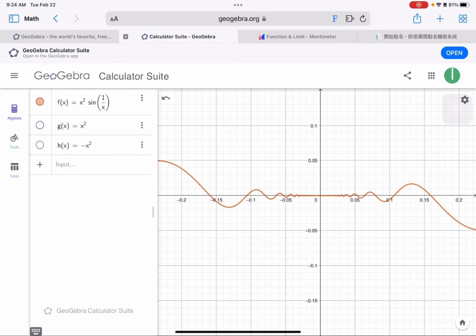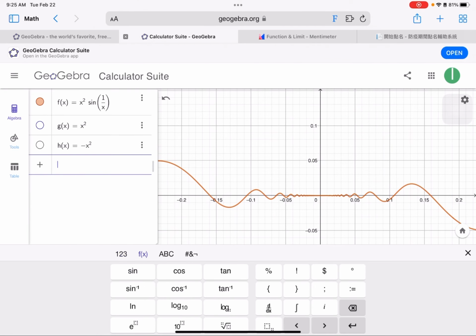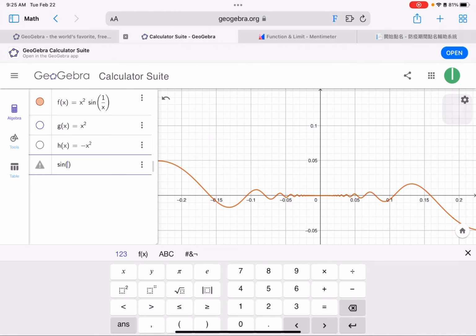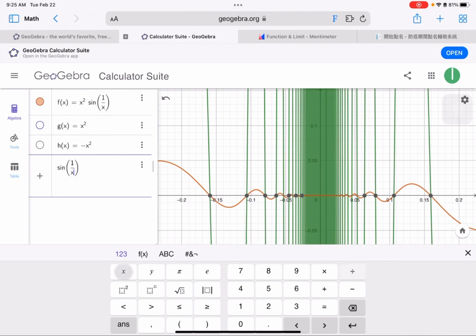If you look at these functions here, this is not really clear, so let me compare with sine 1 over x.